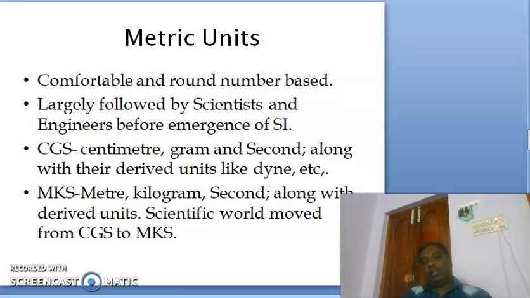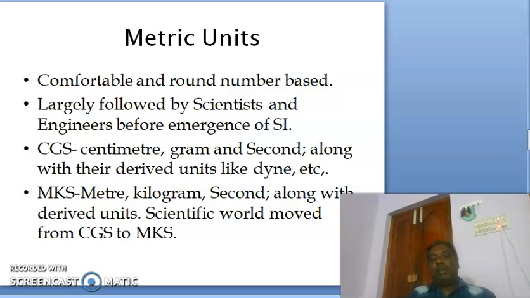At first it was developed as the CGS system with centimeter, gram and second as the main units, and derived units such as dyne belong to the CGS system. And then the MKS system was developed with meter, kilogram and second as the basic units, and the scientific world also moved from CGS to MKS system.